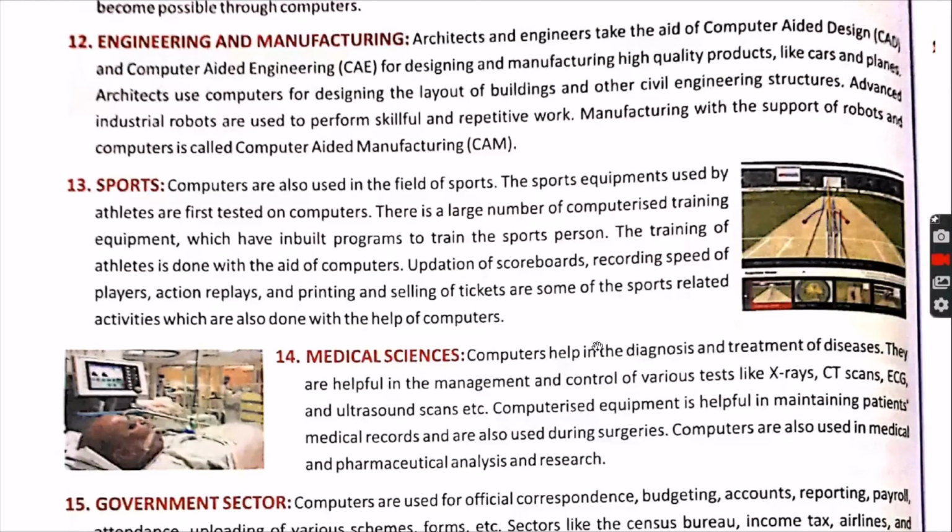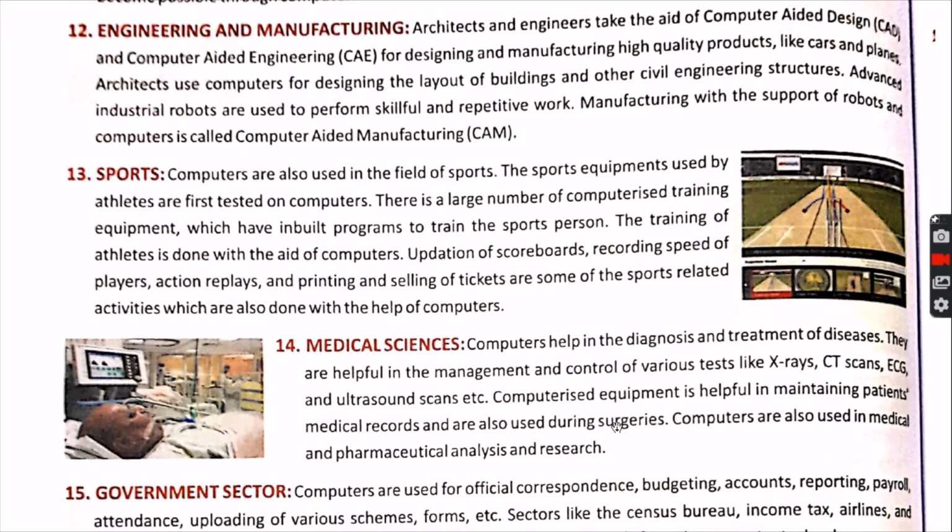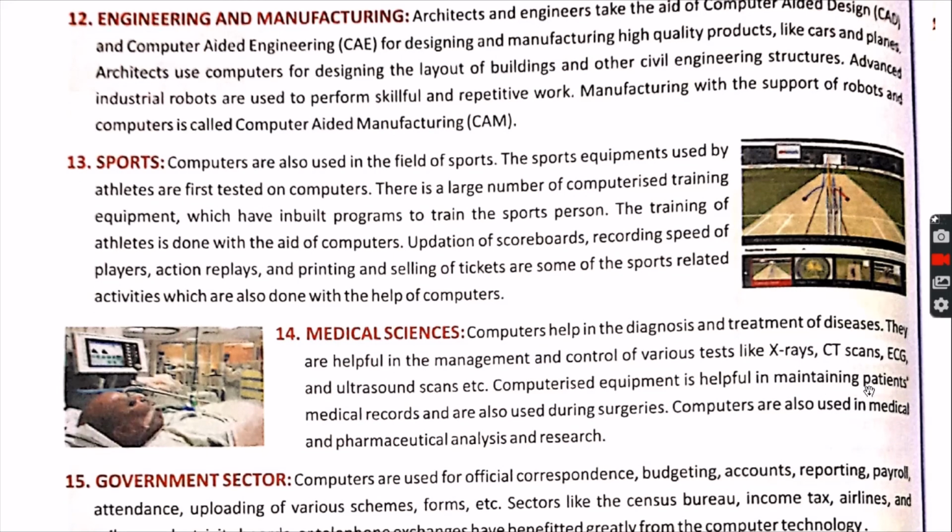First one is diagnosis and treatment of disease. The second is they are helpful in management and control of various tests, like X-ray, CT scan, ECG, ultrasound scan, etc. Computerized equipment is helpful in maintaining patient medical records.